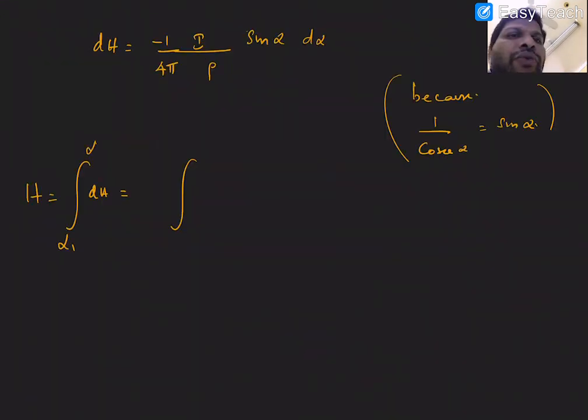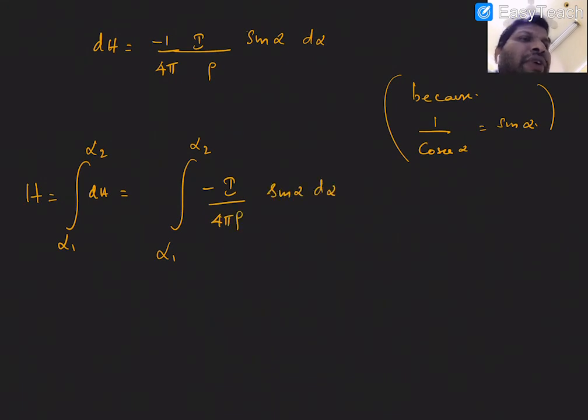So H is equal to minus I over 4 pi rho times the integral from alpha 1 to alpha 2 of sin alpha d alpha.